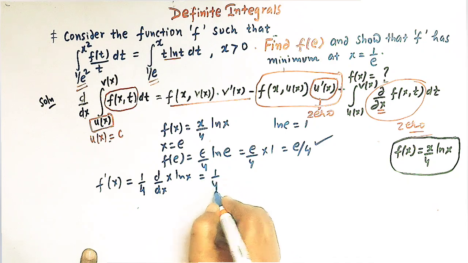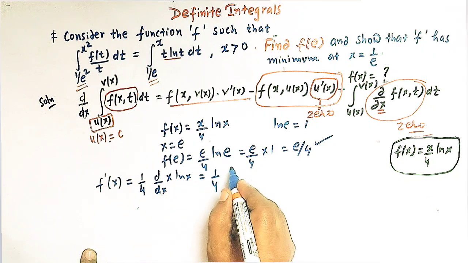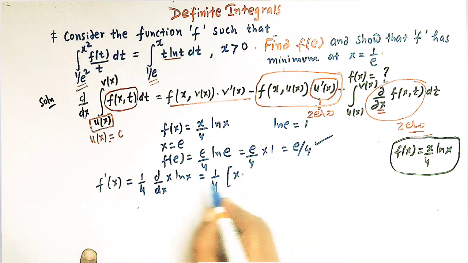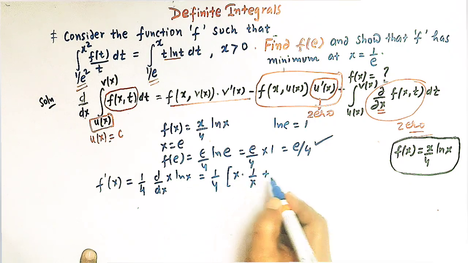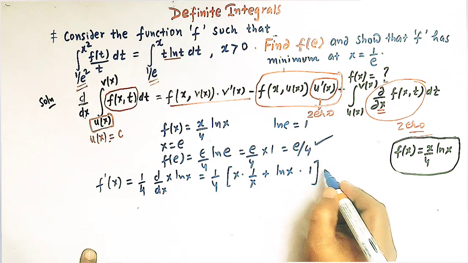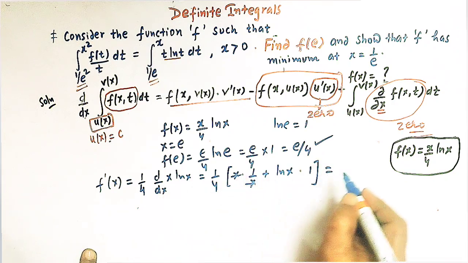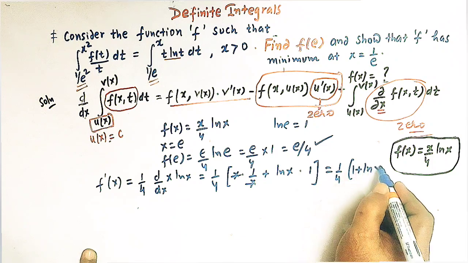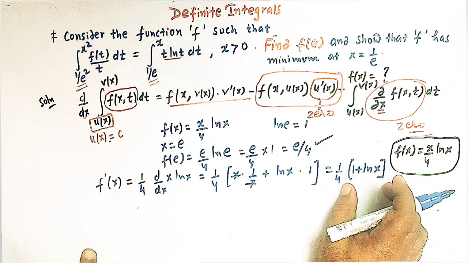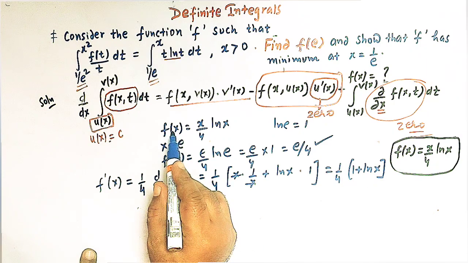So here using the product rule, we have x, then the derivative of natural log of x is 1 over x, then we have natural log of x and derivative of x is 1. So here x and x get cancelled, so we have 1 over 4, 1 plus natural log of x. So this is the derivative of f of x.